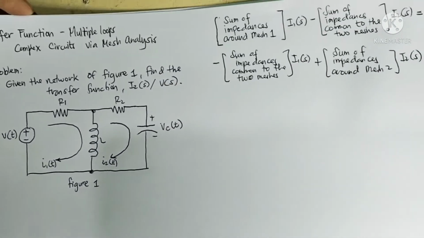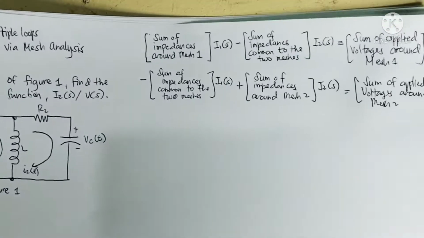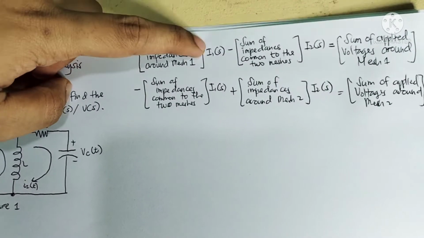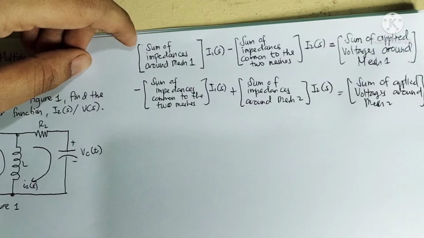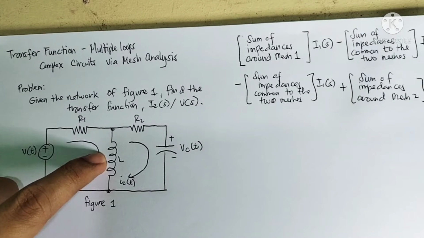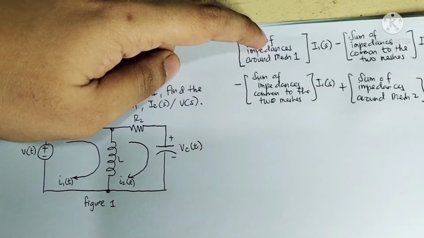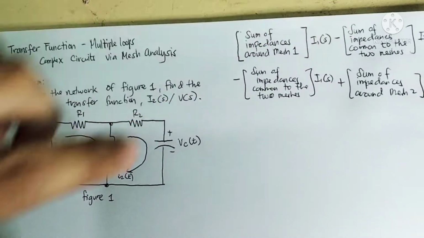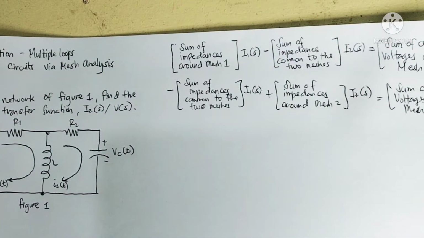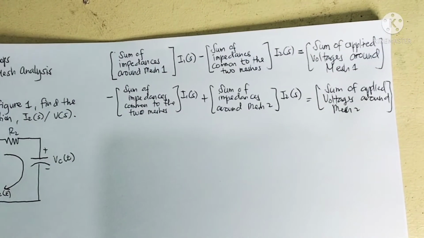As you can see, we have a pattern in order to find the transfer function. The coefficient of I sub 1 as a function of S should be the sum of impedances around mesh 1. This is the first mesh. So we add the impedances around mesh 1, then minus the sum of impedances common to the two meshes, and then equal to the sum of the applied voltages around mesh 1.